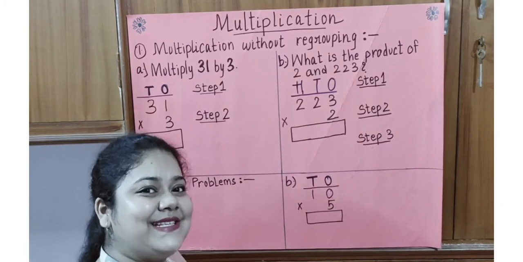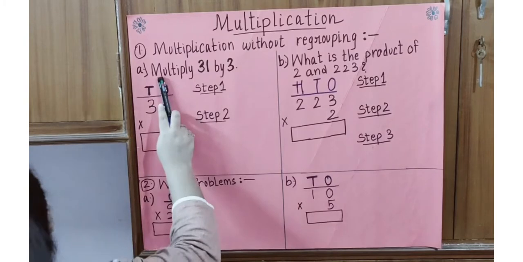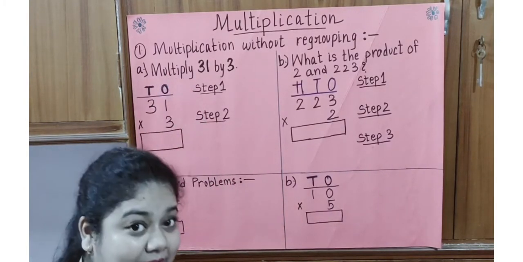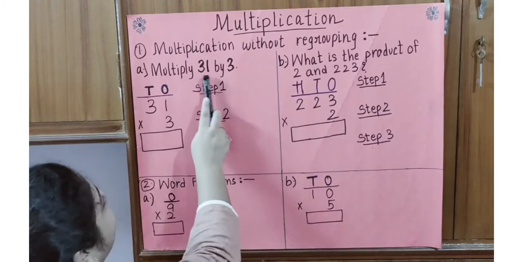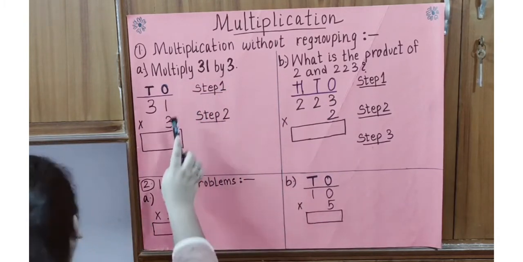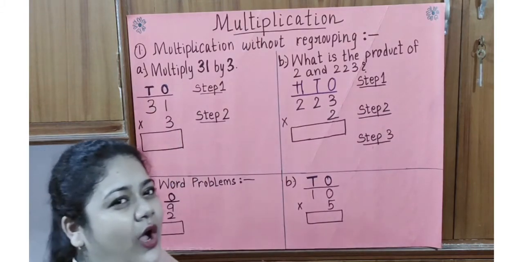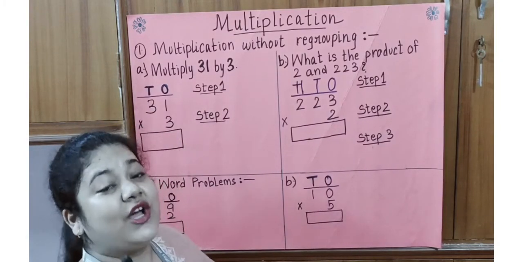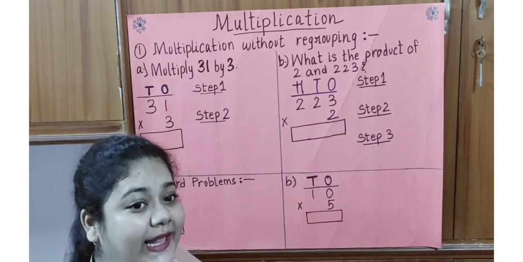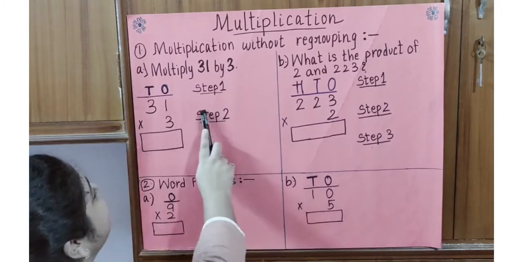Let's begin the class. The first sum that we are going to multiply is 31 by 3. Just recall the multiplication facts of 3. That is going to help you to solve this sum.